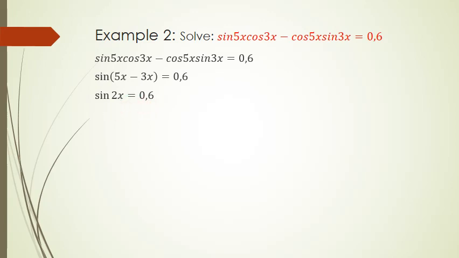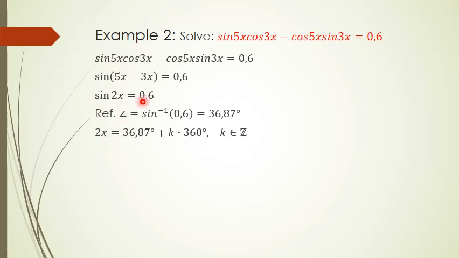Then we find the reference angle. From the calculator, the reference angle is 36.87 degrees. Then the sine function is positive in the first and second quadrant. So beginning with the first quadrant, the solution is equal to the reference angle itself.